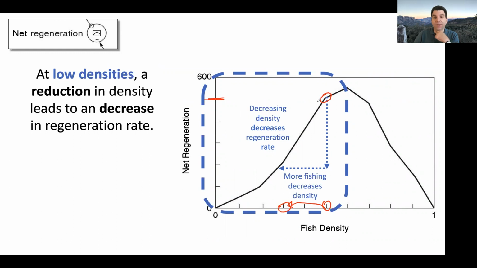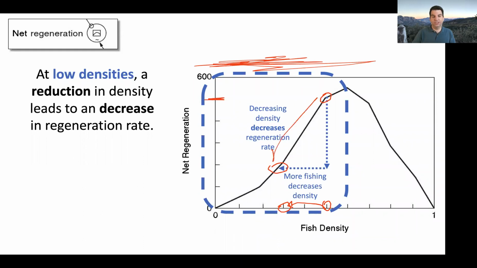Because you've reduced the number of fish significantly, competition for food isn't really apparent in this region. In this lower region, there's plenty of food for every fish to reproduce. So because reducing the number of fish doesn't reduce competition, because there's plenty of food for all, reducing the number of fish is just going to reduce the number of new fish later. And so reducing the density is going to reduce the regeneration rate.